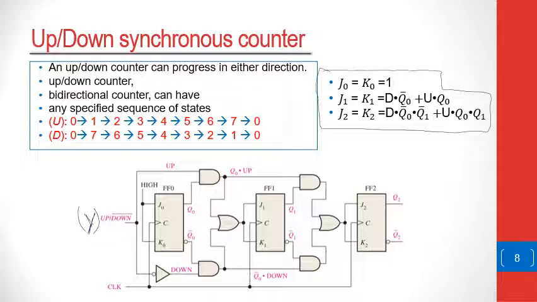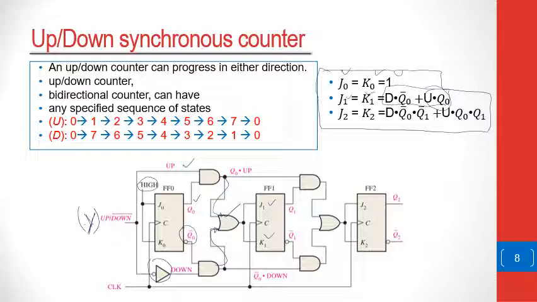So we can see that J0 K0 is equal to 1, and then J1 K1 is equal to this OR gate, which combines D, the not of Y here, with Q0 bar, and then also combines U with Q0, and so this gives you that flip-flop.